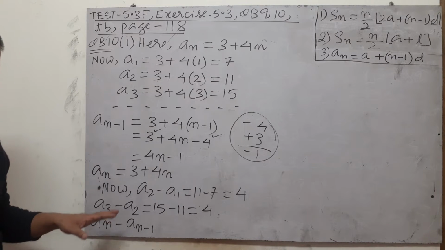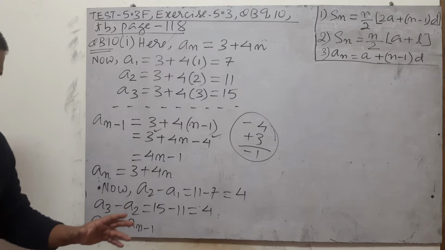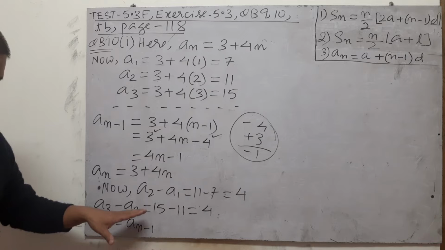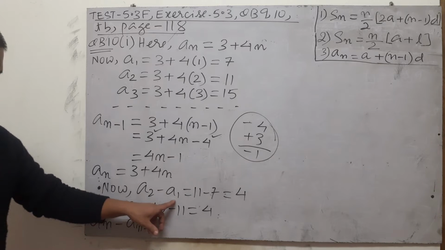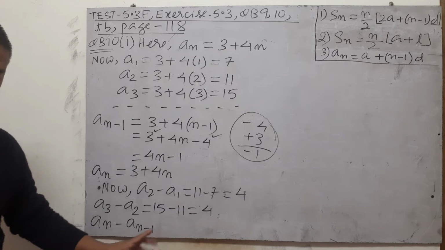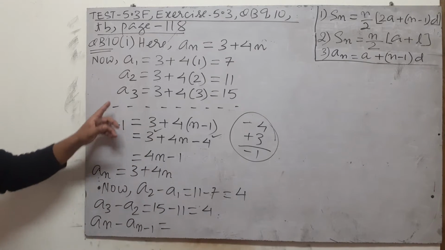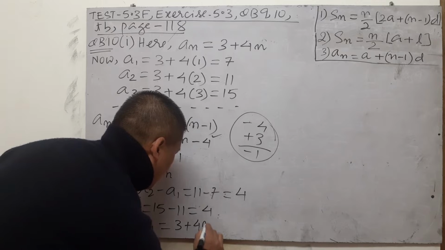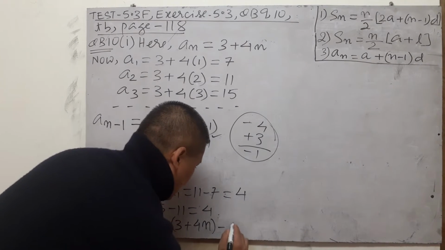Common difference is, if in a sequence of numbers there is a common difference, the common difference formula is higher term minus the next consecutive lower term: a3 minus a2, or a2 minus a1, or an minus the lower one, n minus 1, an minus 1. So here an is, as you can see, 3 plus 4n, that accounts for an, minus, so you put the minus.